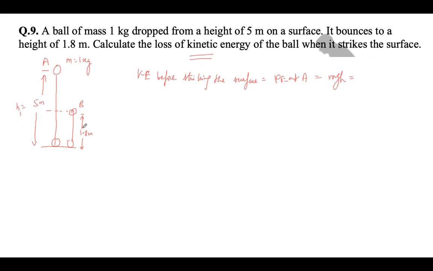Let's say this is h1 and this is h2. So mgh1, m is 1 kg, g is 10 and h1 is 5. 10 into 5 is 50 joules, right?